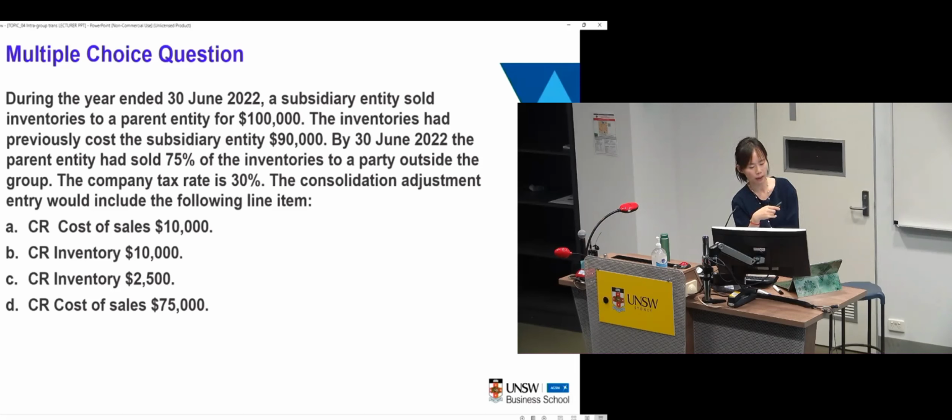We got 25% inventory still on hand. So I would suggest to figure out the inventory adjustment first. Then you will get cost of sale adjustment by taking a balancing figure in the entries.